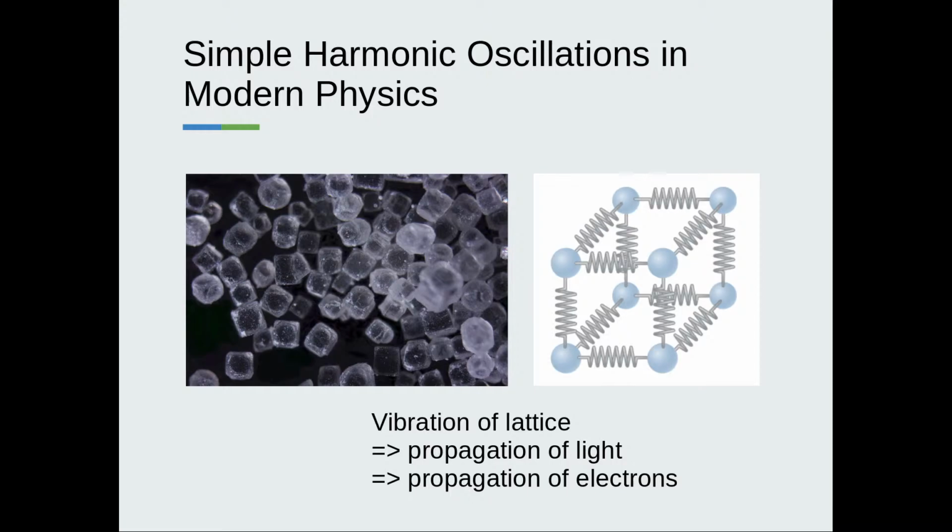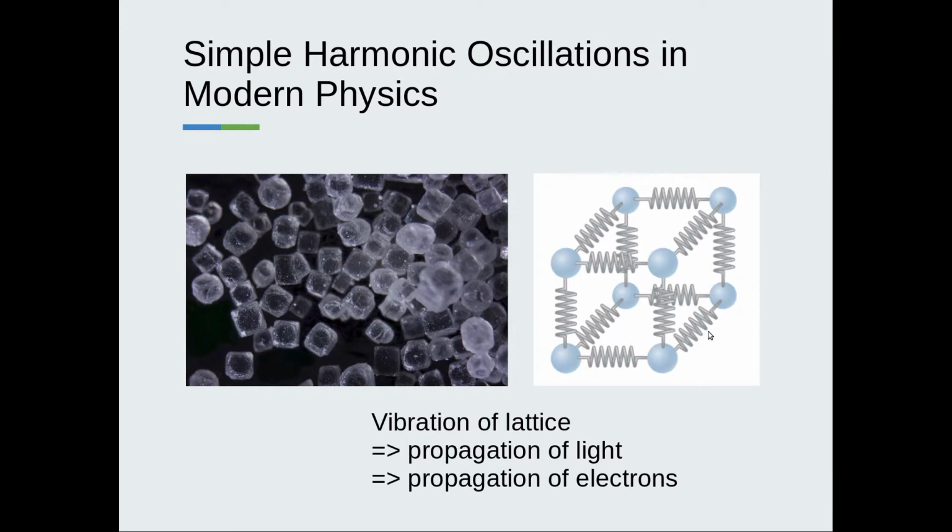Here's another quick example. When you have a crystal, sometimes we model the crystal as a lot of particles connected with springs, and now you can see the connection of the springs is getting complicated.